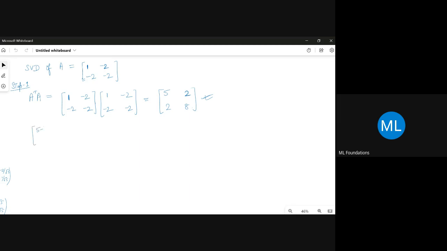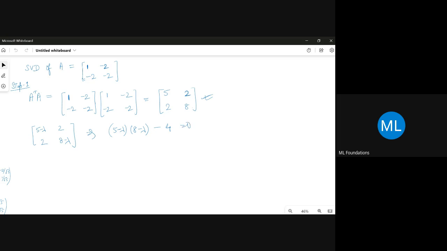Okay, then next we find the eigenvalues for this. So you have 5 minus lambda, 8 minus lambda, 2, 2. What do you get from there? You have 5 minus lambda times 8 minus lambda, minus 4.